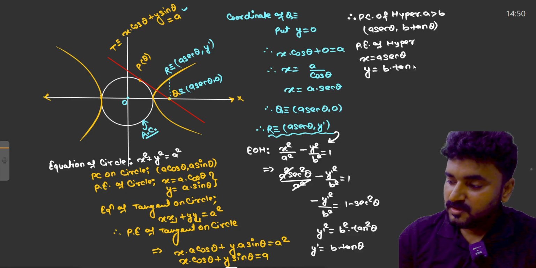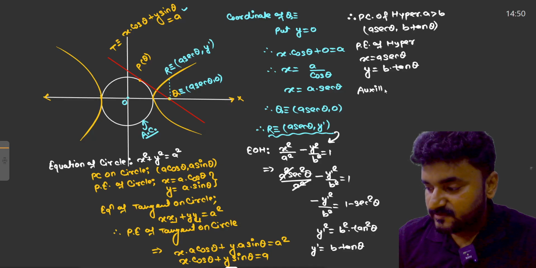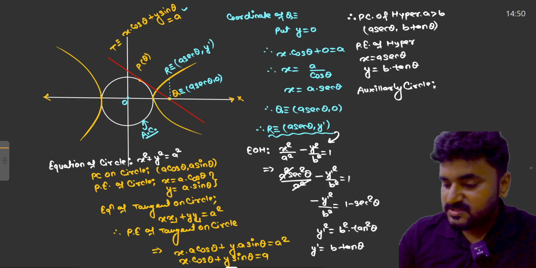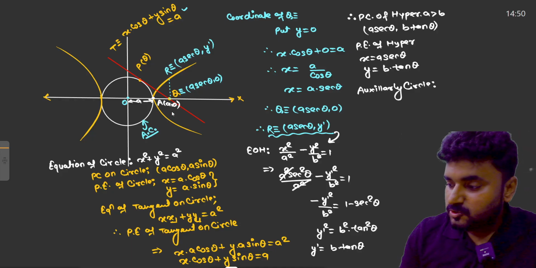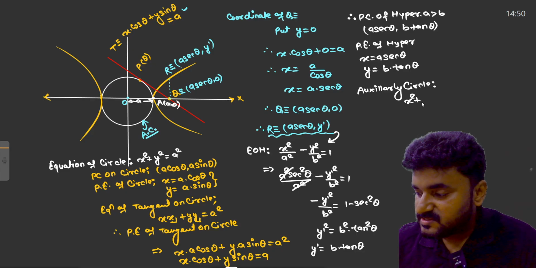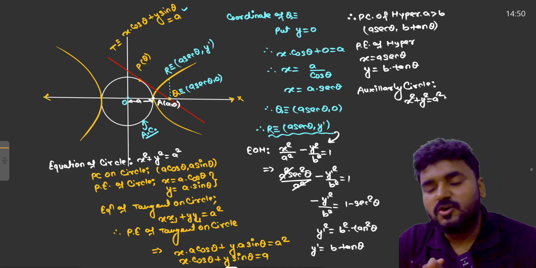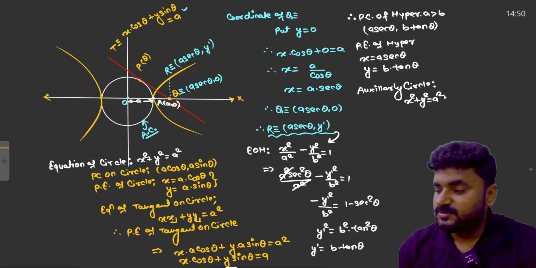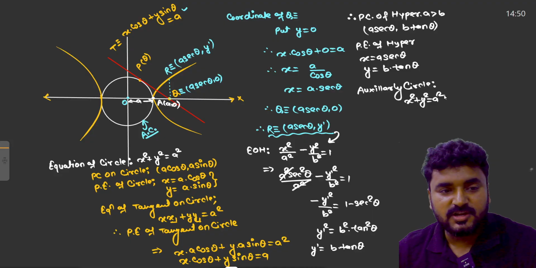As well, if you want to write the auxiliary circle of the hyperbola, the radius is a, taken because this is the vertex a comma 0. So the auxiliary circle equation will be x square plus y square equals a square only. So this is all about the auxiliary circle. Okay, and then I got the parametric coordinate of the hyperbola and the parametric equation of the hyperbola.